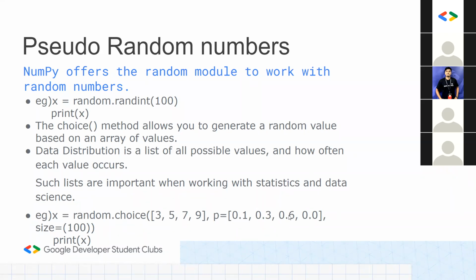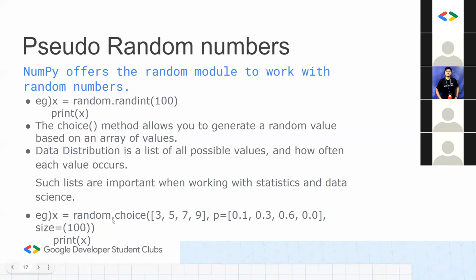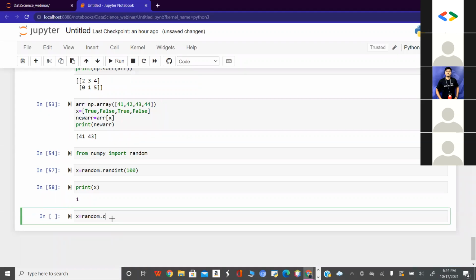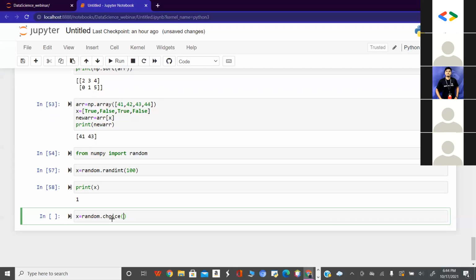So this is the chance of occurring of these values. Let's print this out. Choice is basically a function to select a particular value within the set. Here we consider 3, 5, 7, and 9.